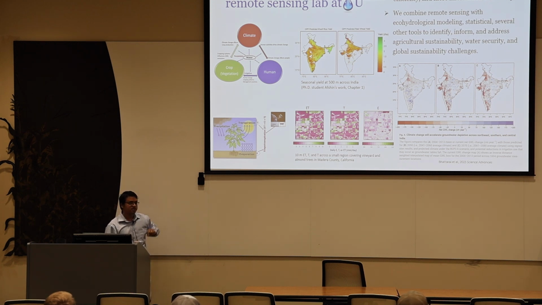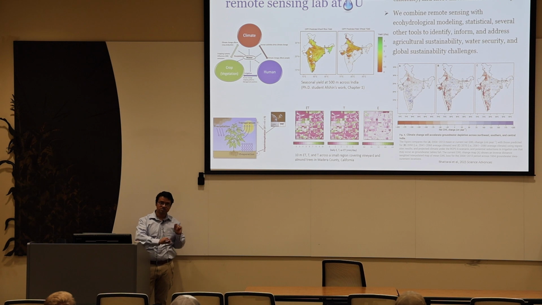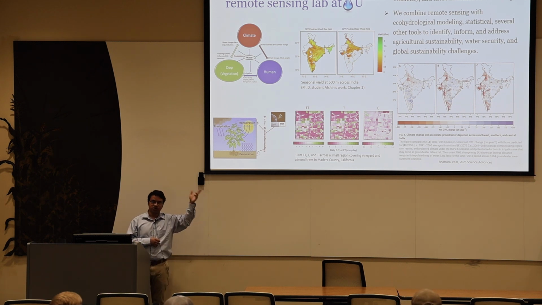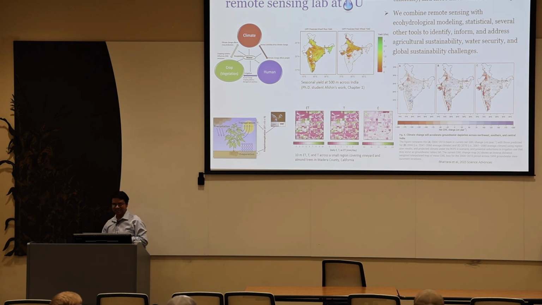This is mapping evaporation, transpiration, and the combined ET, from vineyards in California. We're working with the USDA and a wine company, E. & J. Gallo. I think it's called Gallo now; it changed the name.